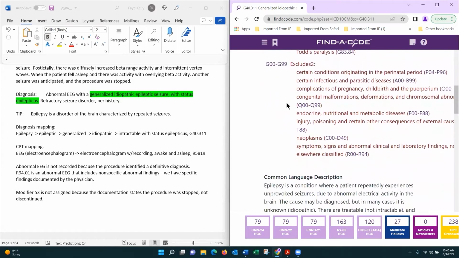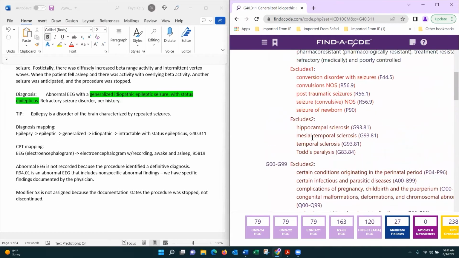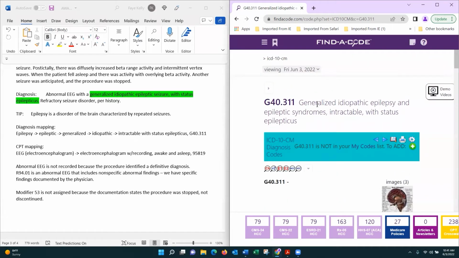That will help you. And once again, I'm going to preach this to you. Read this common language description. It's so important. And I know, Daniel, you did arrive at this code, correct? If I remember correctly.